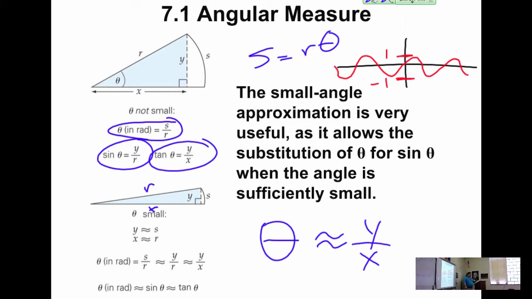And when it's really small, you say, well, Mr. Adams, what do you mean here's your x? Well, look at this. The x value goes from here to here. See the x value here to here? See, this is a larger angle theta. When theta is really small, the x value is almost the same as r. Do you guys see that? The length that we've drawn? Does that make sense? Okay.